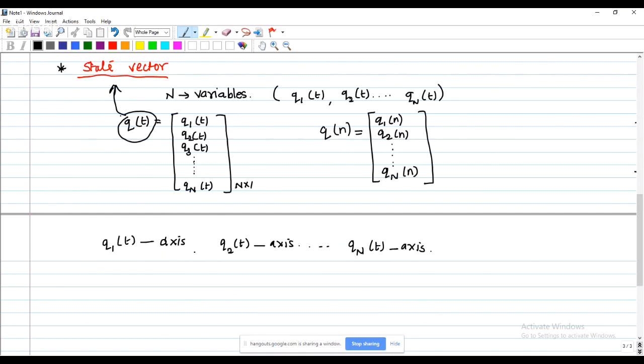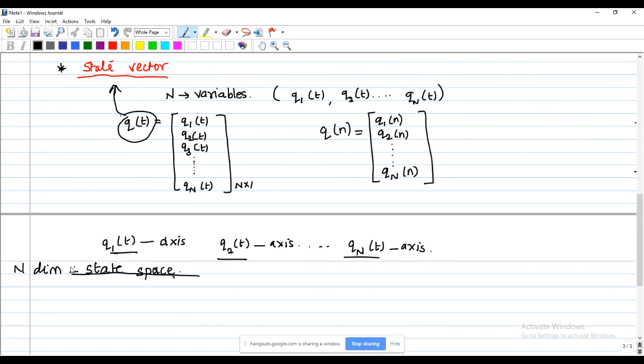Such a space with n axes is called a state space. So when we have the states q1 of t, q2 of t, and qn of t as the axes of a space, then the total space is n dimensional, or we call this an n dimensional state space.